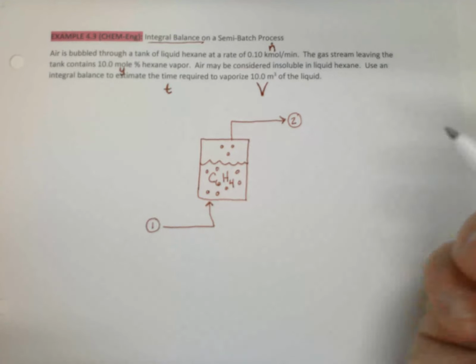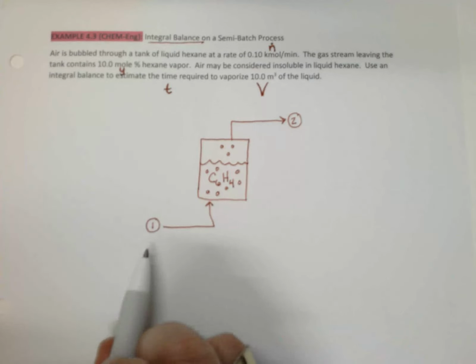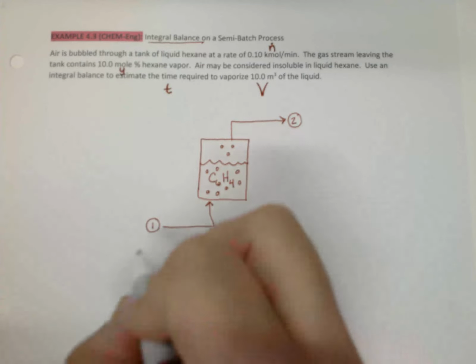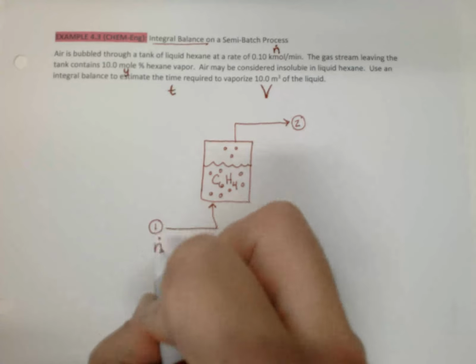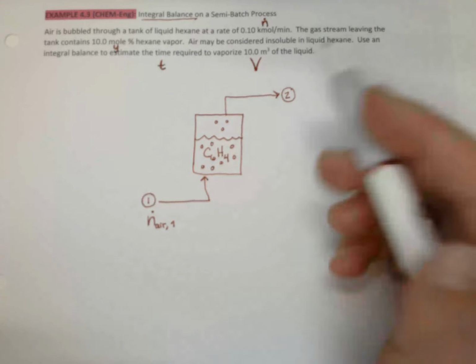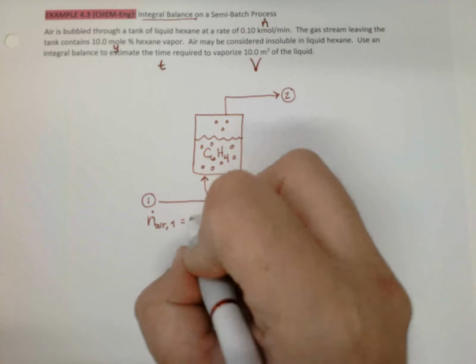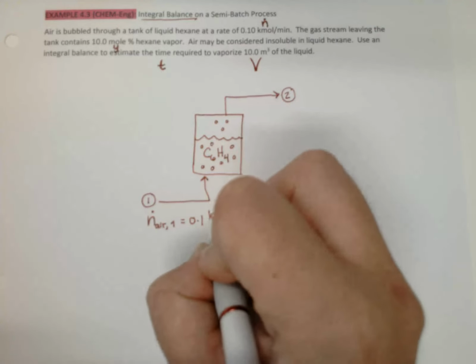In our input specifically, we're only adding air to the system. So I'm just going to use n dot air in 1 as that rate. And we're actually given that number: it's 0.1 kilomoles per minute. So I'm going to add that onto my diagram.